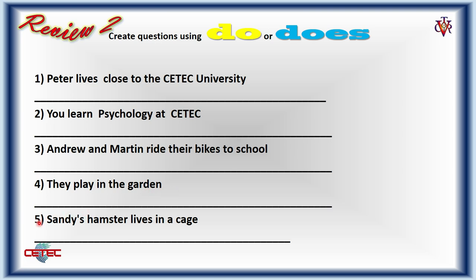Number 5. Sandy's hamster lives in a cage. Don't forget, you have to use do or does. Do for plural, does for singular. Read carefully.